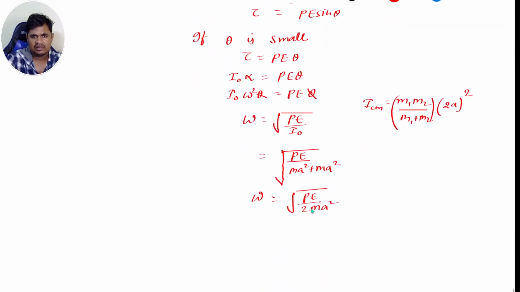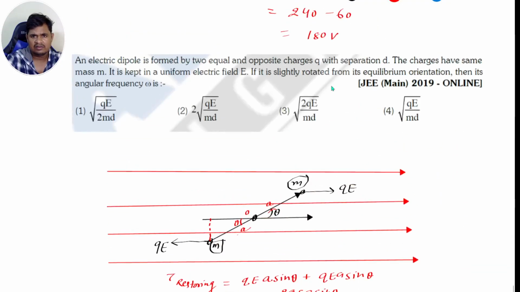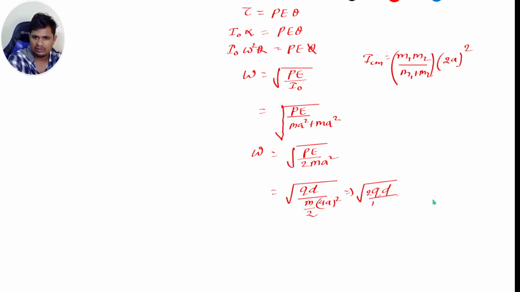Now if you see the options, it is said that the separation is d, so basically 2a equals d, and p is written in terms of charge q. So no problem, I will write p equals q times d, and the moment of inertia becomes m times 4a square divided by 2. 4a square is nothing but d square, so this will become qd by 2m times d square.